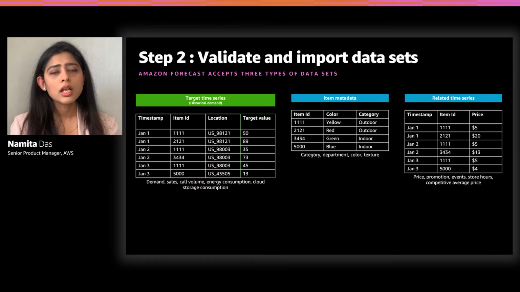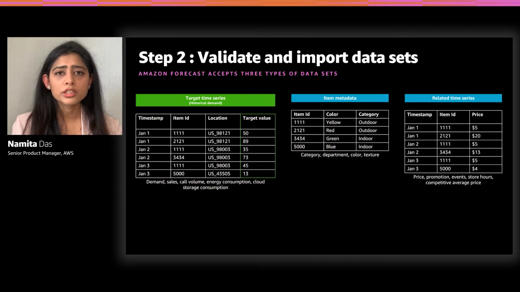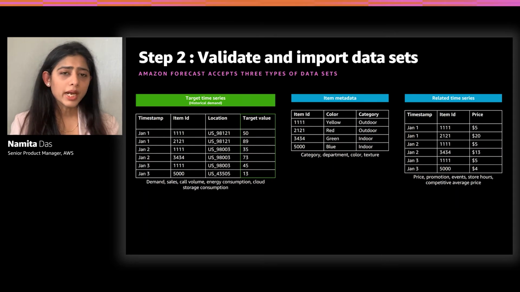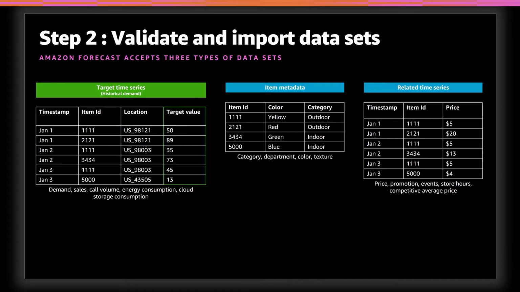So typical examples would be if you want to add brand or category of your product, or if you want to qualify an item like the color of it, an attribute, or even if you want a binary variable like whether a TV is smart or not. Many examples of related time series would be price or promotion, or even third-party data sets like local events.